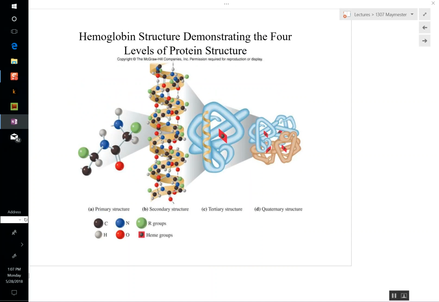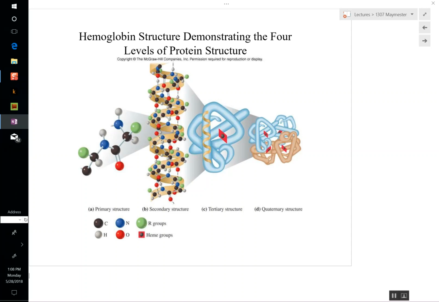So at the primary level, we're looking at the amino acid sequence. We go from one amino acid to the next to the next. Secondary, we're looking at things like alpha helical structure in the protein. Tertiary has to do with the R group interactions, where this thing now is being bent and twisted into a certain shape.